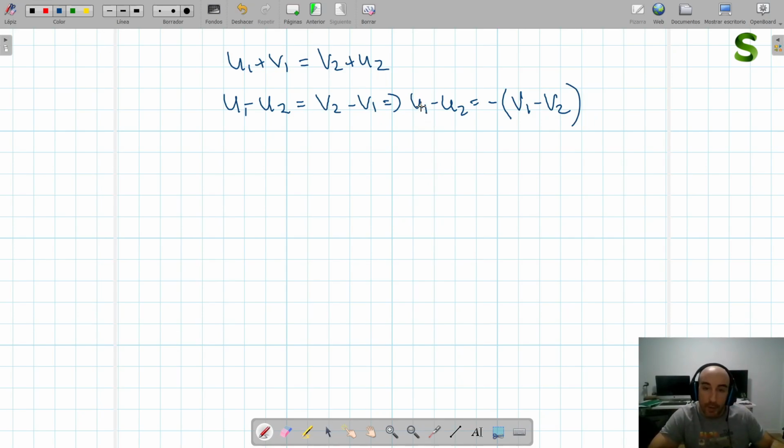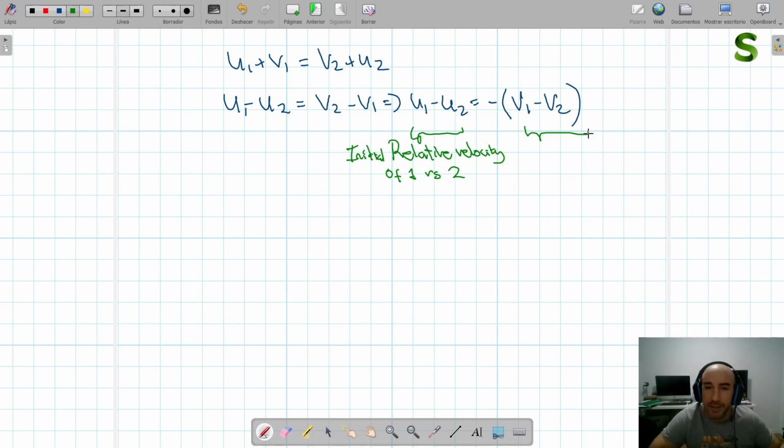So if we call u1 minus u2 the relative velocity of object 1 versus object 2, so the initial relative velocity of 1 versus 2, well, that's to be equal to the final relative velocity of 1 versus 2, but with a minus there.